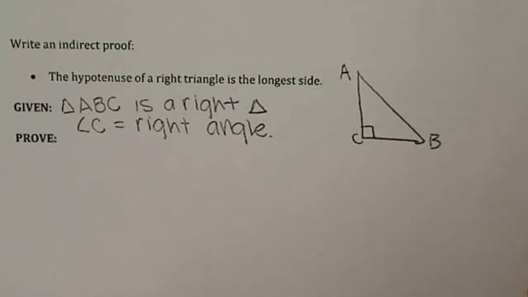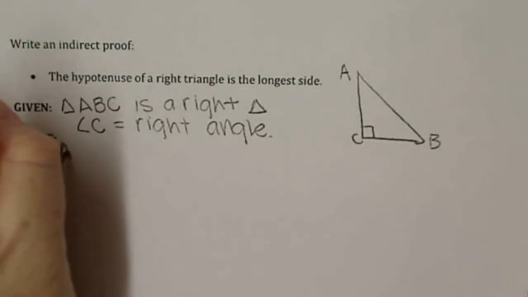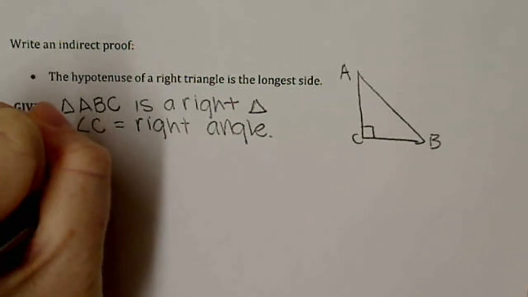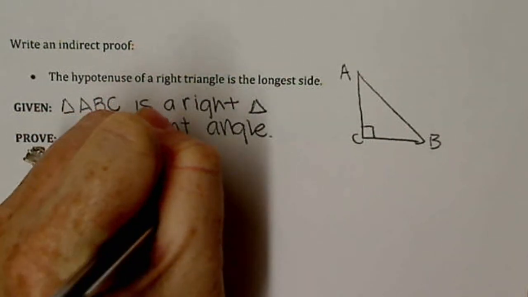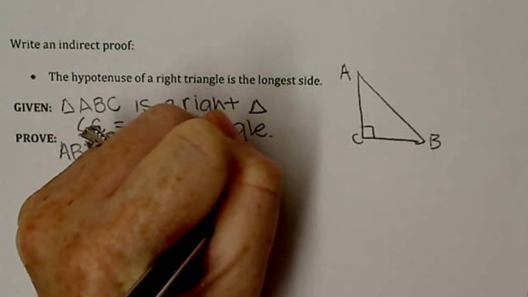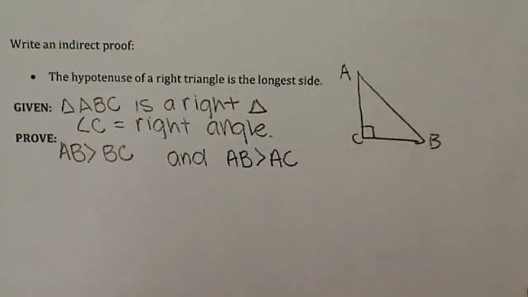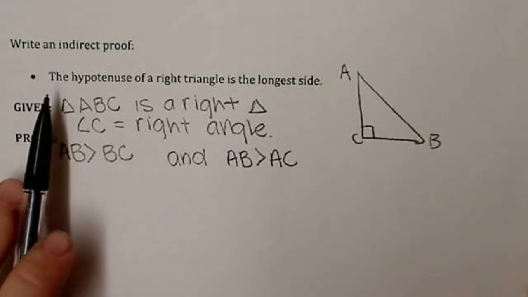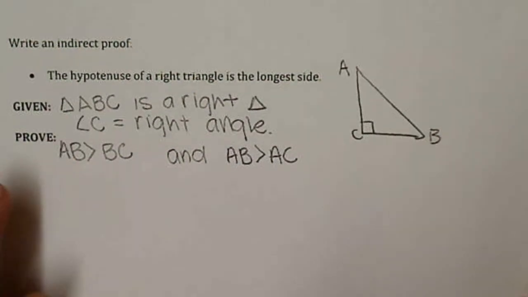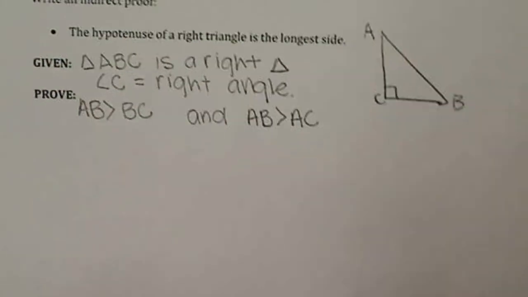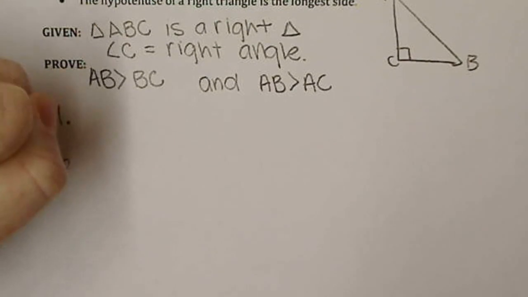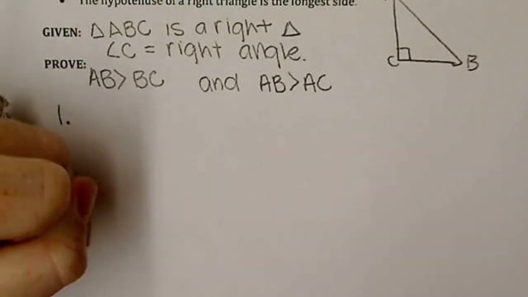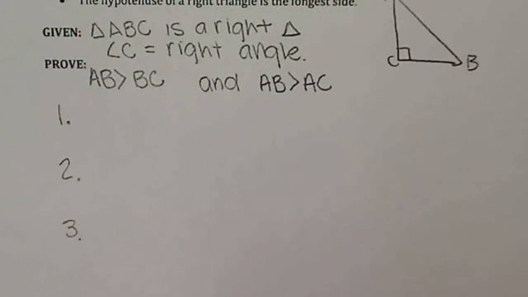What I want you to prove is that side AB is greater than side BC and AB is bigger than AC. That's going to contradict what I stated up here. You need to have, for me to check in class on Friday, your assumption, your statement, and then why it contradicts it.